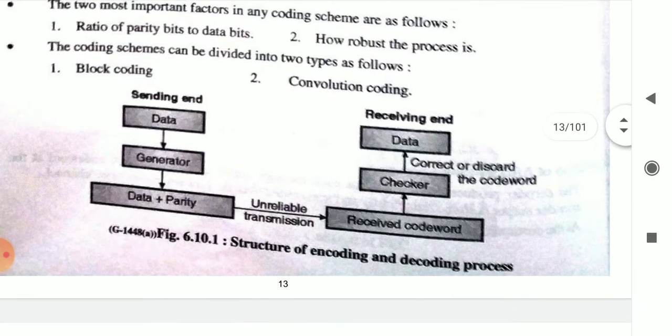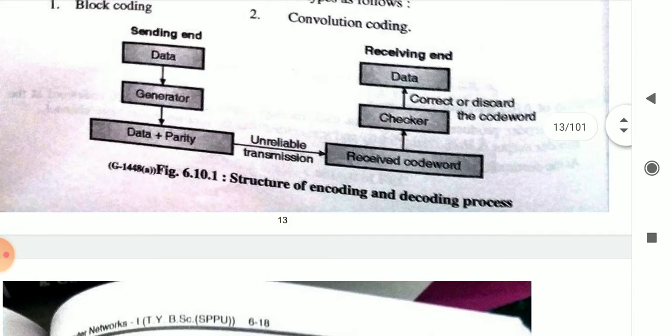See here, this is the sending end and this is the receiving end. Okay, sender end and receiver end. At the sending end, data is generated and data plus parity is formed. Okay, unreliable transmission, this is the structure of the encoding and decoding process. Generator, checker, received code words, data plus parity.